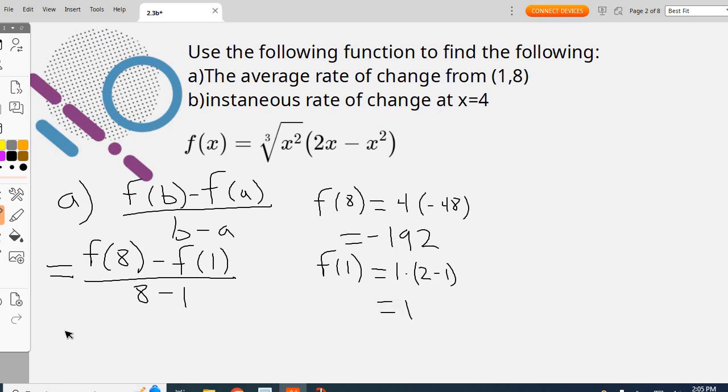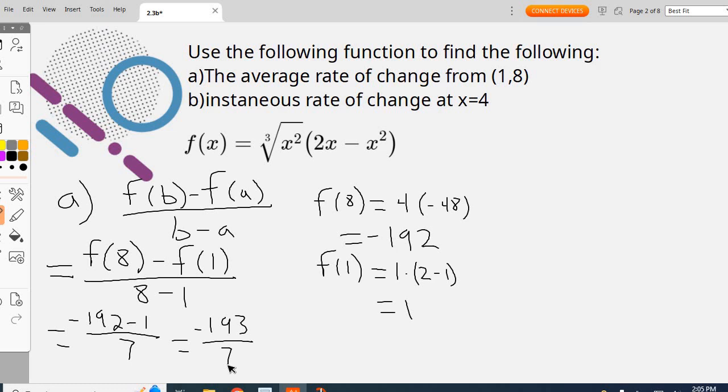So we get negative 192 minus 1 divided by 7, so we get negative 193 divided by 7. I'm pretty sure it doesn't go into it evenly. So again, that would be our approximation or estimation of our instantaneous rate of change, or it's also our average rate of change.